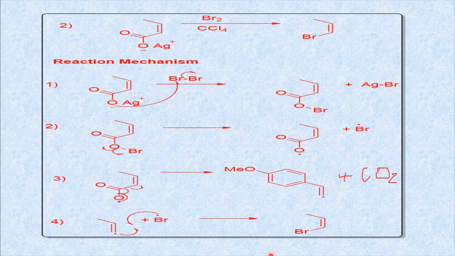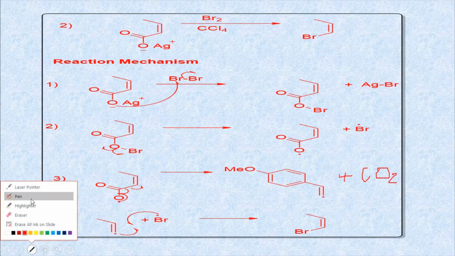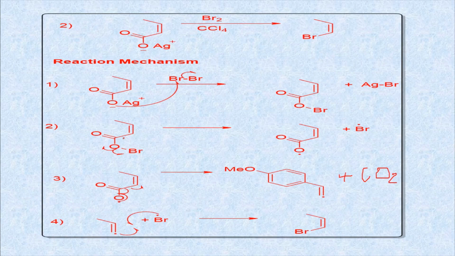So this is a simple reaction mechanism. The reaction of the silver salt of carboxylic acid with Br2 in the presence of CCl4 gives this vinyl bromide plus AgBr.